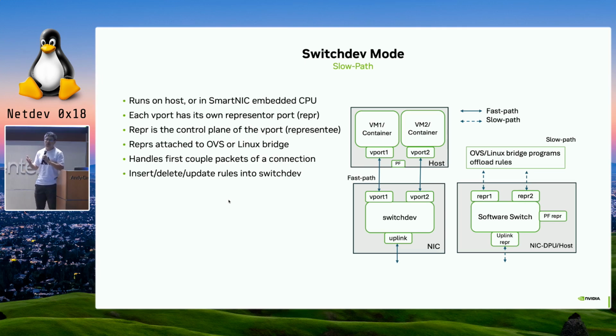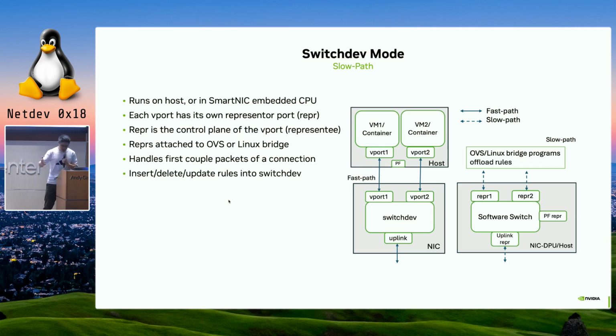OVS in this case, with hardware flow enabled, will use the TC Flower API or DPDK rte_flow API to insert the hardware entry into the switchdev, so that the first couple of packets of the connection will be handled by the slow path, and the subsequent packets will be handled in the switchdev, in the hardware.